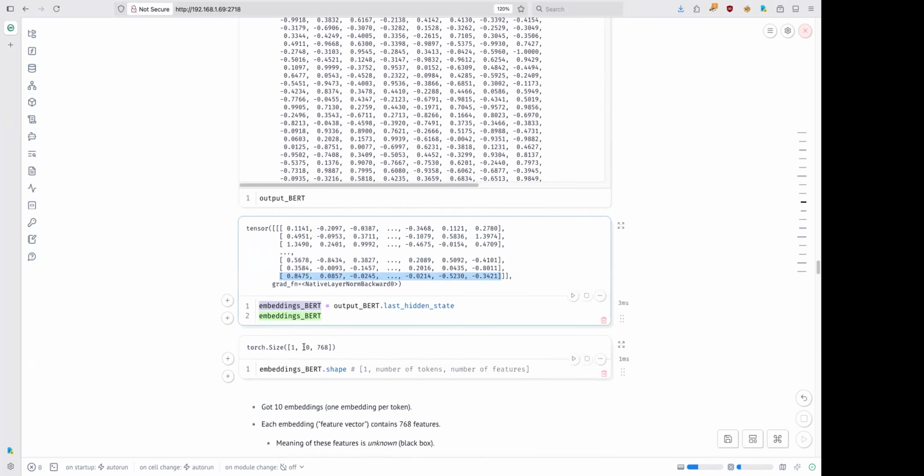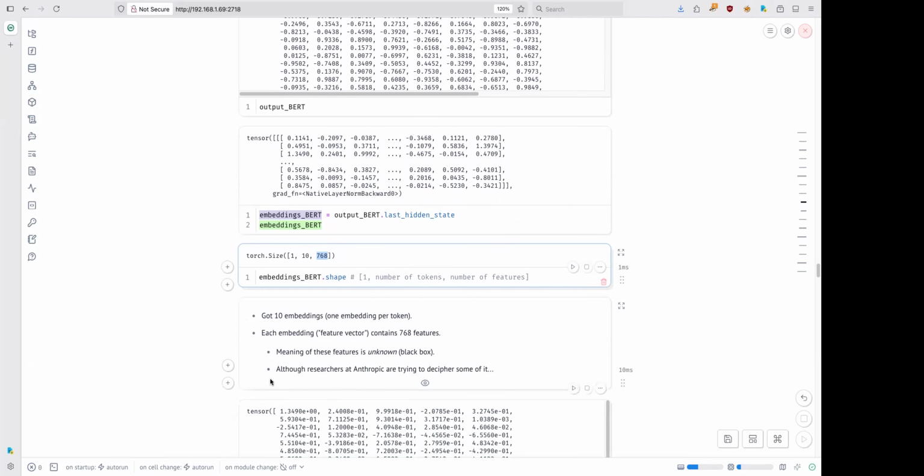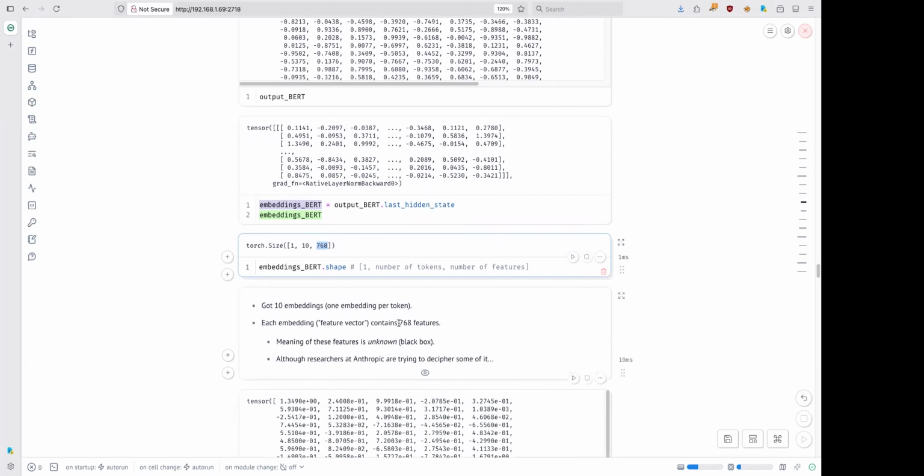Here we have 10 tokens, and each token has 700-something features. Again, this is the number of automatically learned features for each token. Okay, this is exactly what we want. We got the features, and we can immediately put this into our neural network.